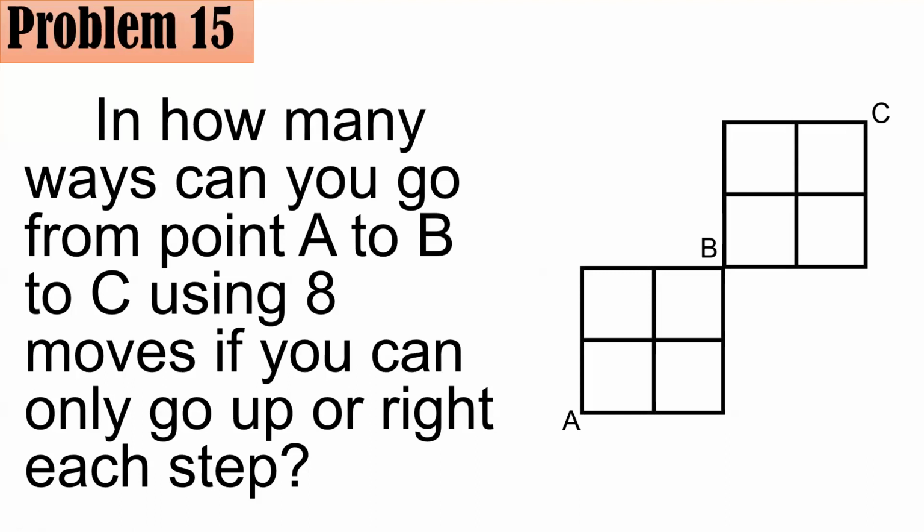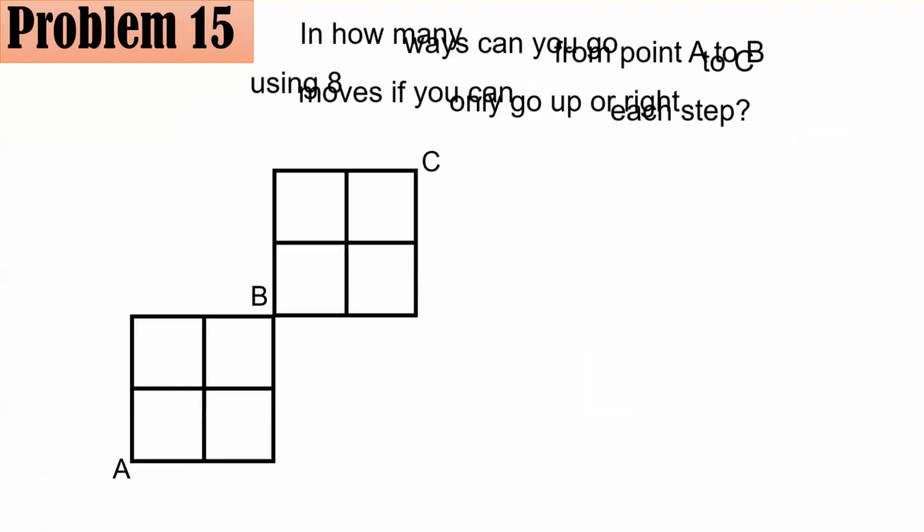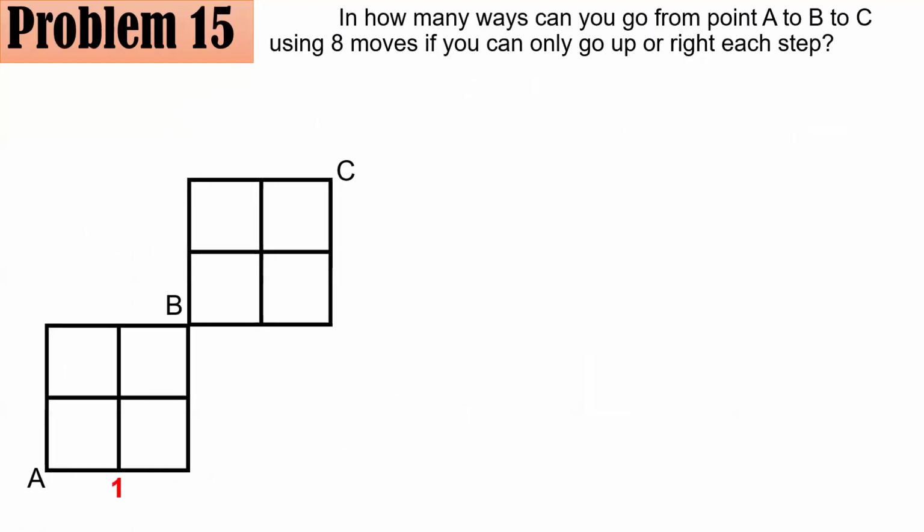So some aspects of this problem are similar to that of problem 14, but the technique here is simple. First, go from A to B and do a similar method I taught you just now. So place here 1, 1, 1, 1, then add them. 1 plus 1, 2. So place here 2. 2 plus 1 will give you 3.